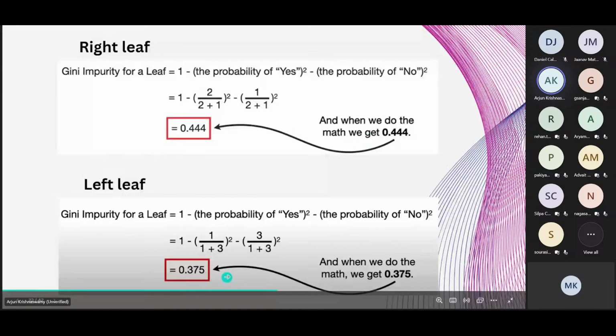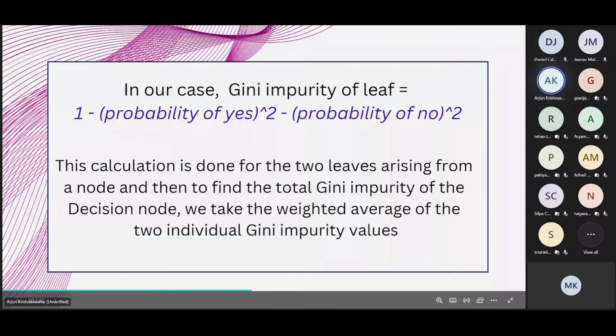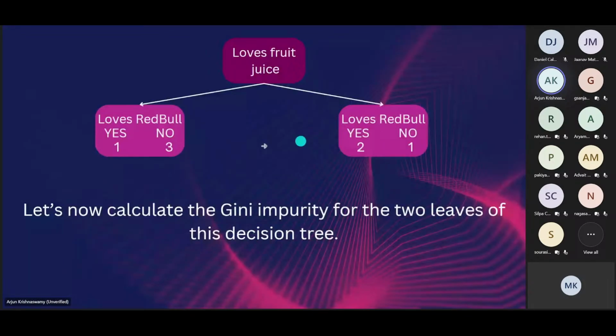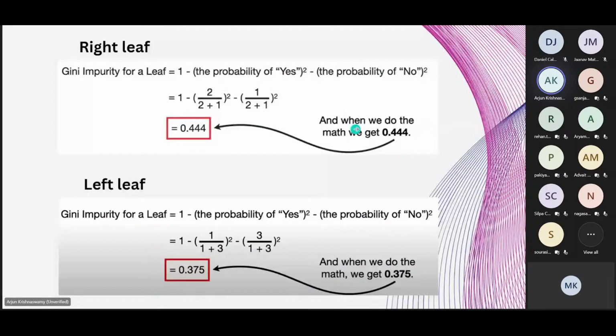So, as I had mentioned here, to find the Gini impurity of this entire split, we have to take the weighted average. The weight of a node is the number of data points in it divided by the total data points, multiplied by its Gini impurity, which is 4 by 4 plus 3 into 0.375 plus 3 by 4 plus 3 into 0.444.